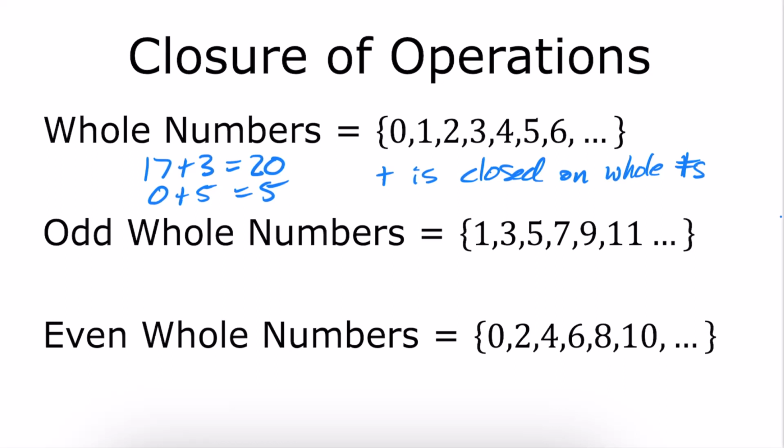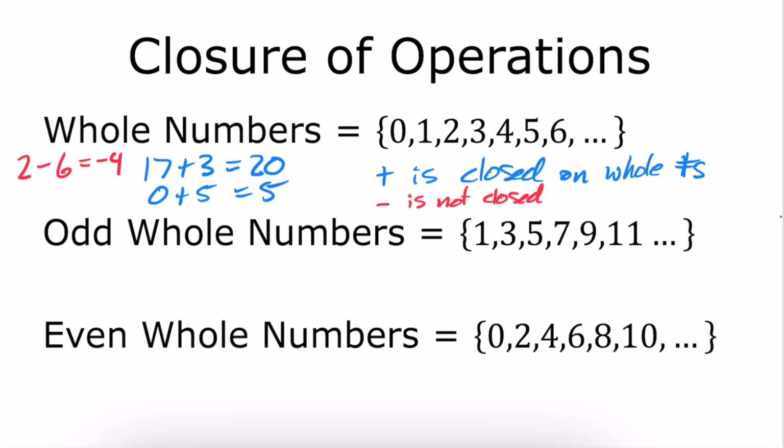That's what it means for an operation to be closed on a certain set. Now, there are some operations that are not closed on whole numbers, like subtraction. Because if I choose two whole numbers and subtract them, like 2 minus 6, that equals -4, and the whole numbers don't include any negative numbers. And so that means that subtraction is not closed.